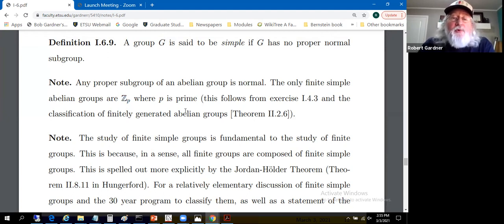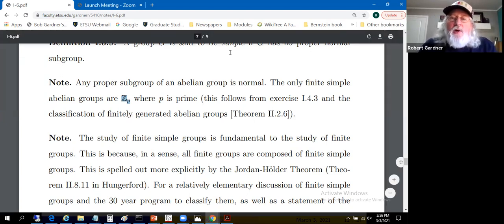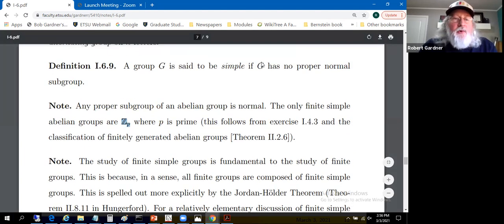No proper subgroups, consider Lagrange's theorem maybe. So here's some examples of simple groups, uninteresting ones. They're vacuously simple. They have no proper normal subgroups because they have no proper subgroups.